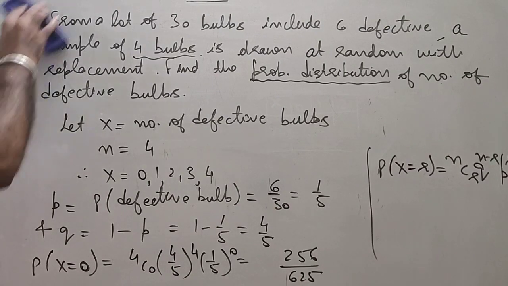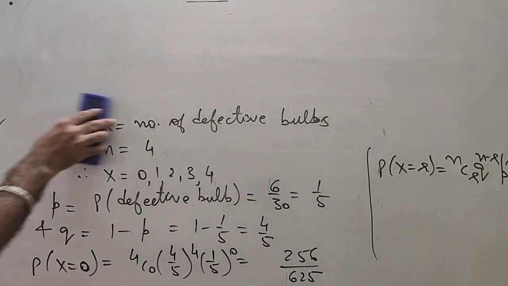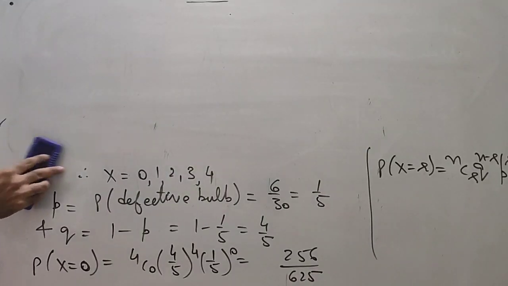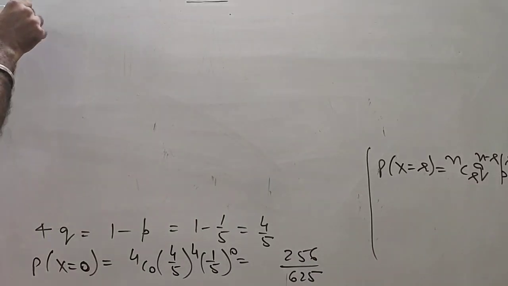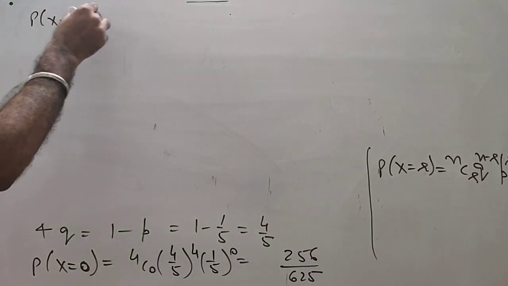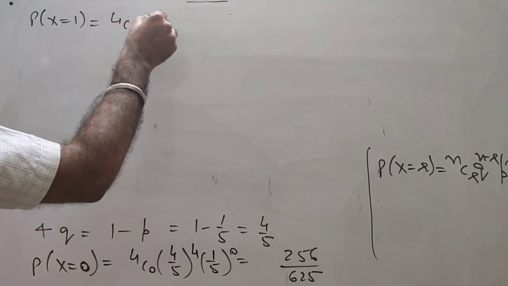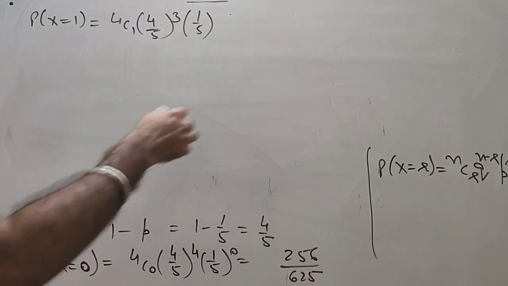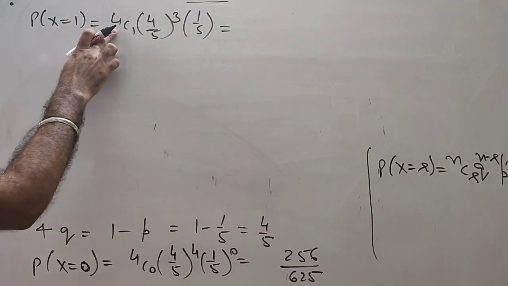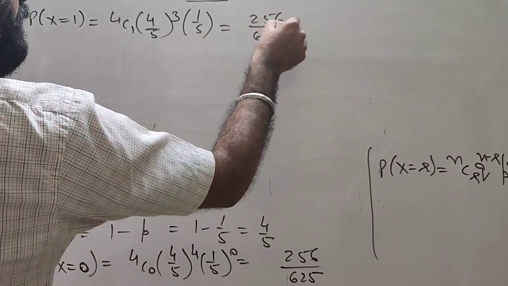Now come to the second part, when the probability of X is equal to 1. Probability of X equal to 1 is 4C1 into 4 by 5 raised to power 4 minus 1, which is 3, into 1 by 5 raised to power 1. And again 4C1 is 4, and 4 into 4 raised to power 3 is again 256 divided by 625.